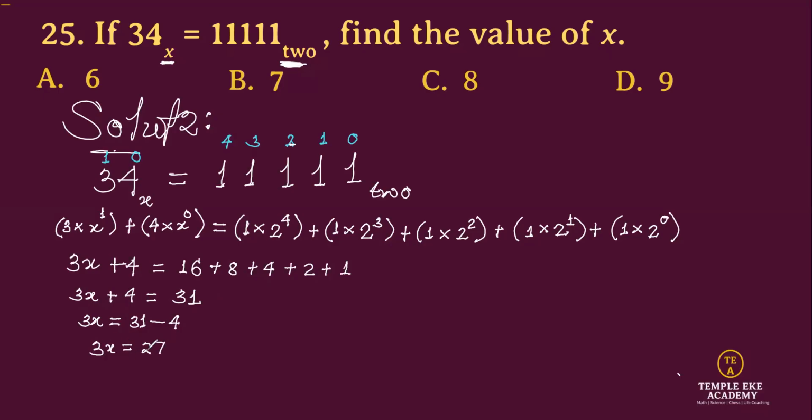Now we divide both sides by 3 to set x free. 3 divides into 27 9 times. And now we have x equals 9, our final answer. This is very simple. That would be option D.